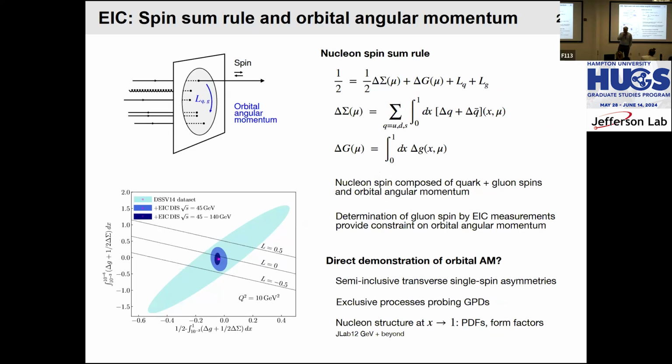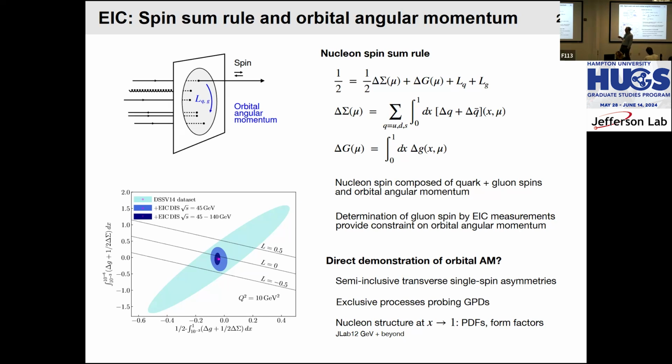Now, the measurement of the gluon density is related to some other very interesting topic in nucleon structure, which is the spin decomposition of the nucleon and the role of orbital angular momentum. And again, this could be the subject of a whole lecture in itself.